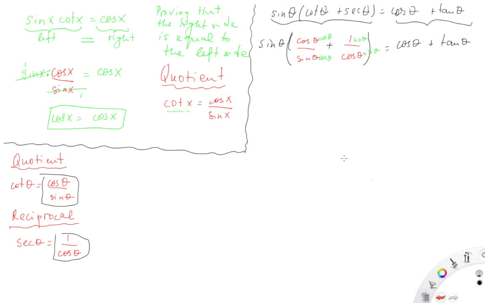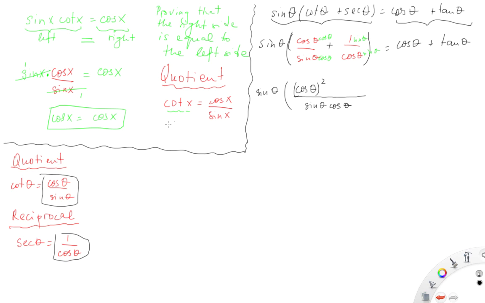Okay, now we're going to continue simplifying this expression inside the parentheses. So sine of theta, and inside the parentheses now I have the same denominator, sine of theta, cosine of theta. And on top I have 2 times cosine of theta multiplied, so it's cosine of theta to the second power.